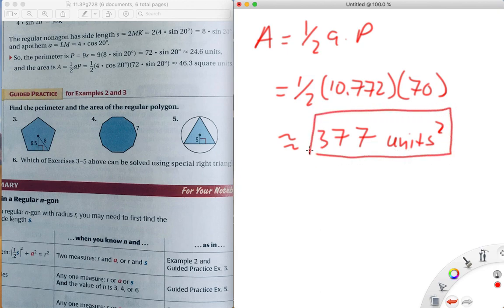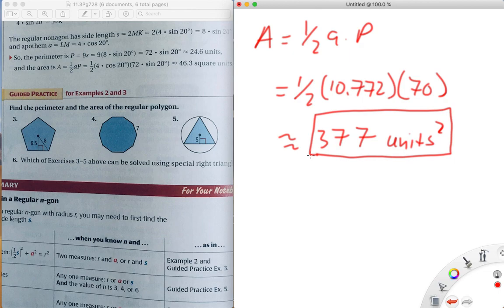So for this problem, we first had to find the perimeter, which was just to multiply 7 times 10 to get 70 units. Then I found the central angle by dividing 360 by 10, which gave me 36. Then I divided it by 2 because the apothem cuts the angle in half. I also divided 7 by 2 to get 3.5. Since we cut the triangle in half, we cut the side in half, we cut the angle in half. Then I used trigonometric ratios.